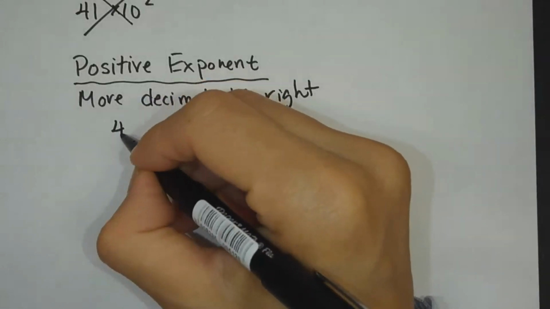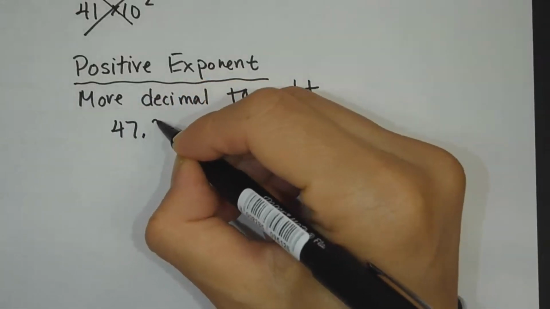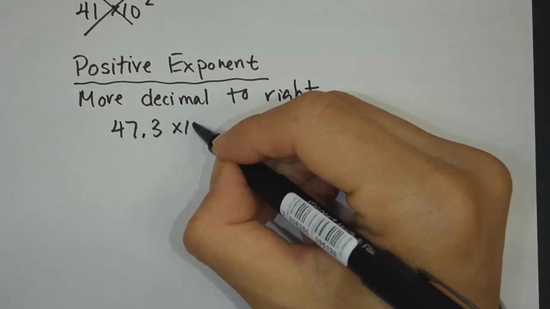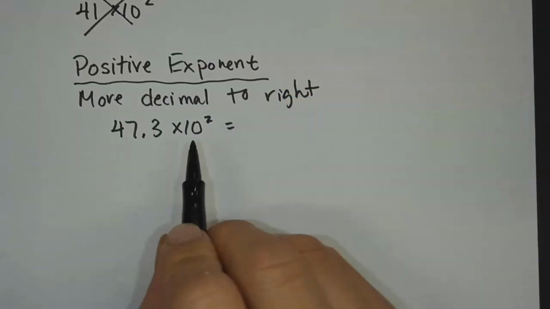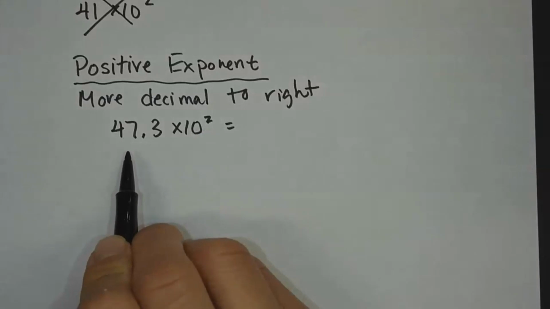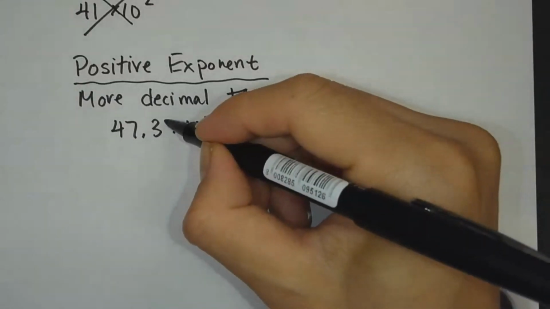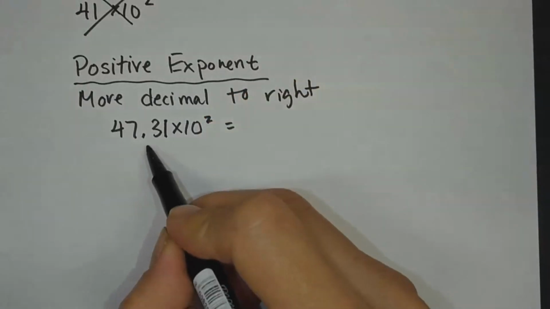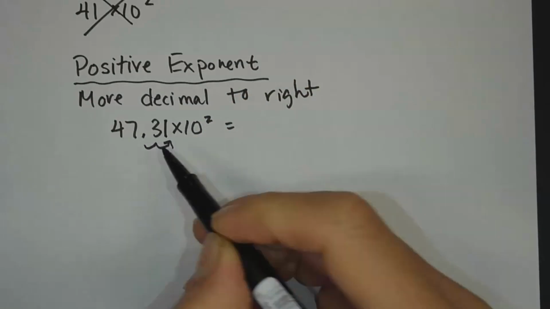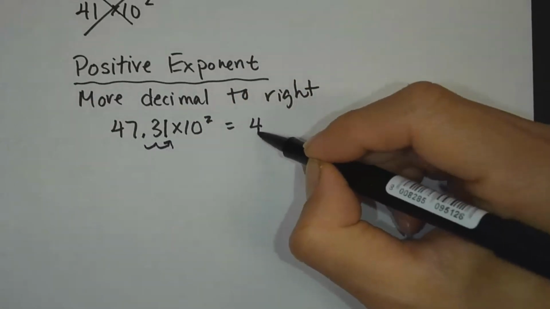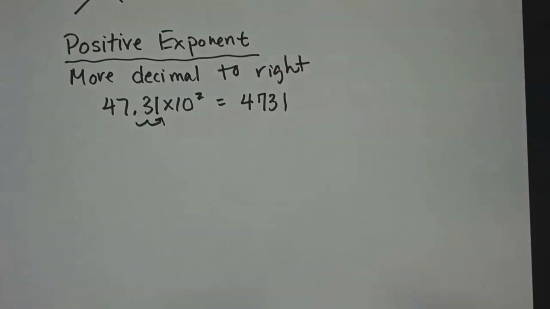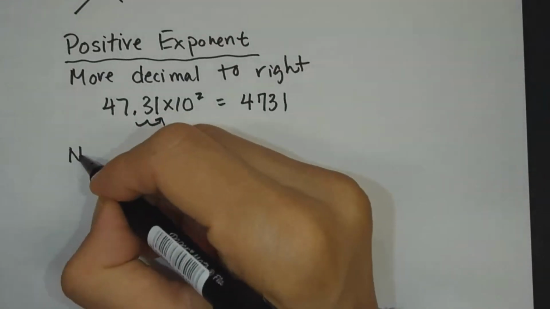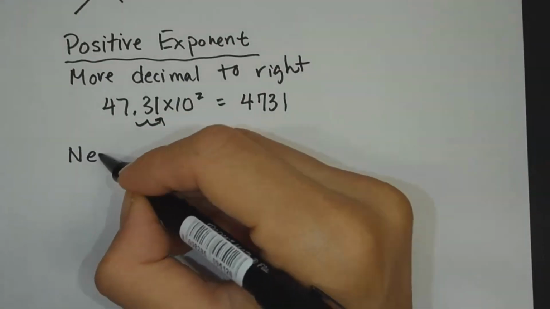I have 47.31 times 10 to the power of 2. So this is a positive exponent, so I'm going to move the decimal to the right 1, 2. So I end up with 4,731.